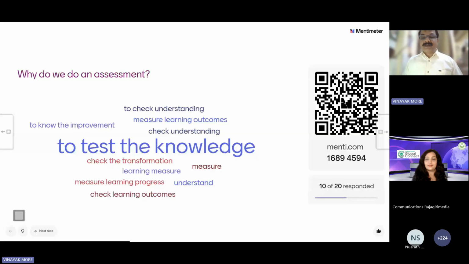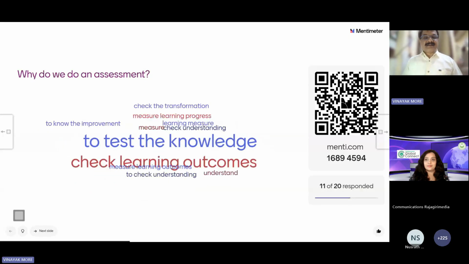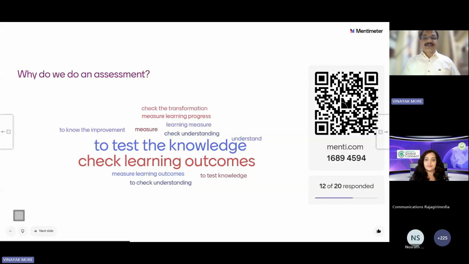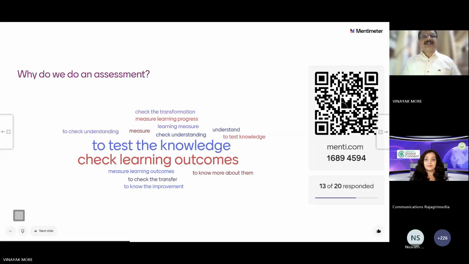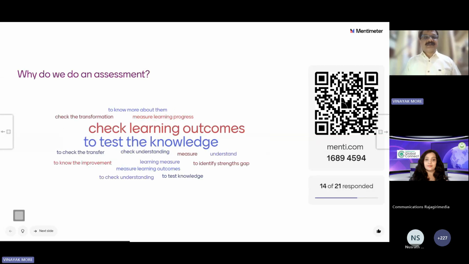To know the improvement, check the learning outcomes. Okay. Check the achievement of students.